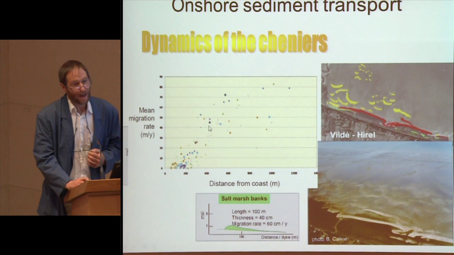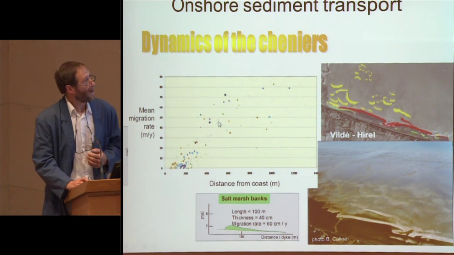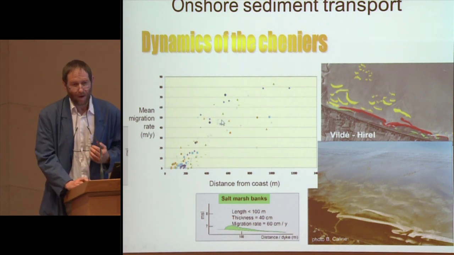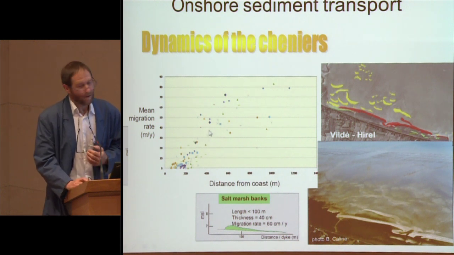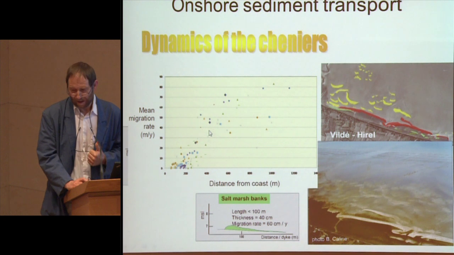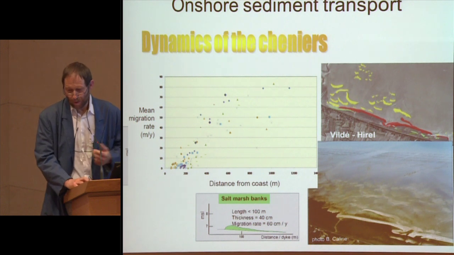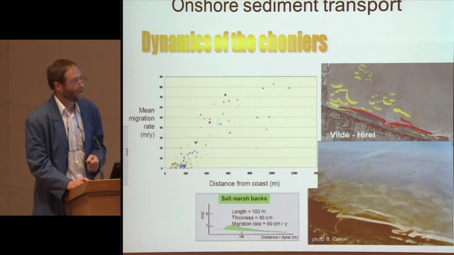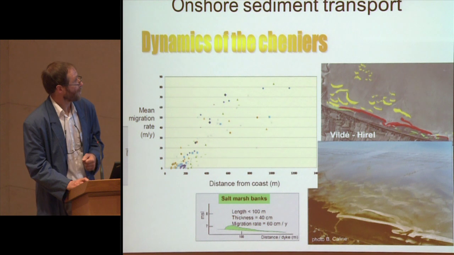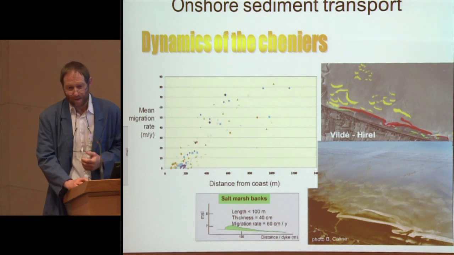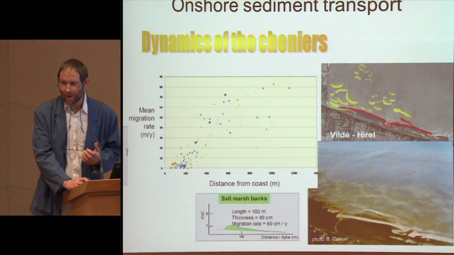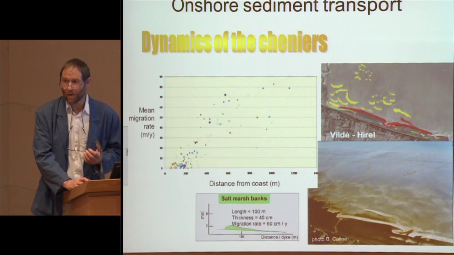This is explained by the low occurrence of high tide level and wave storm surge to overwash the shelly banks on the salt marsh. But these structures confirm we can move and accumulate sediments from offshore to onshore.